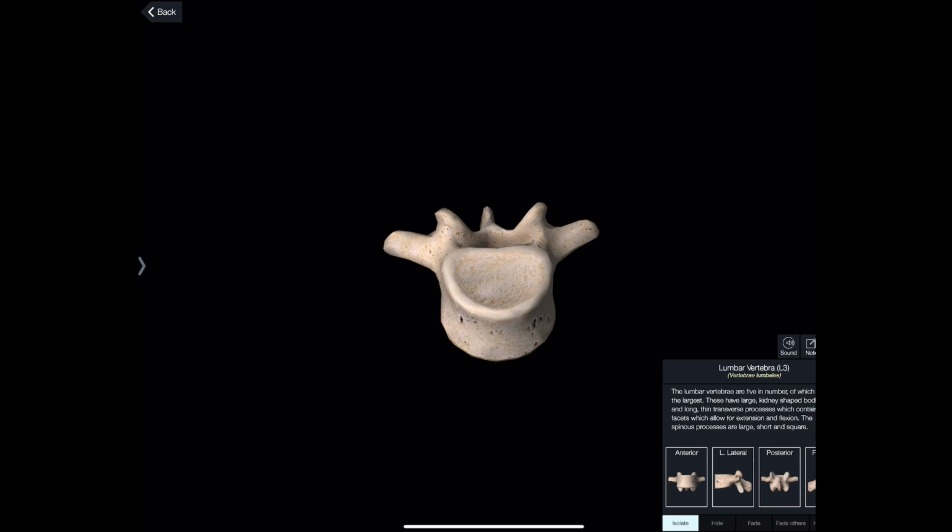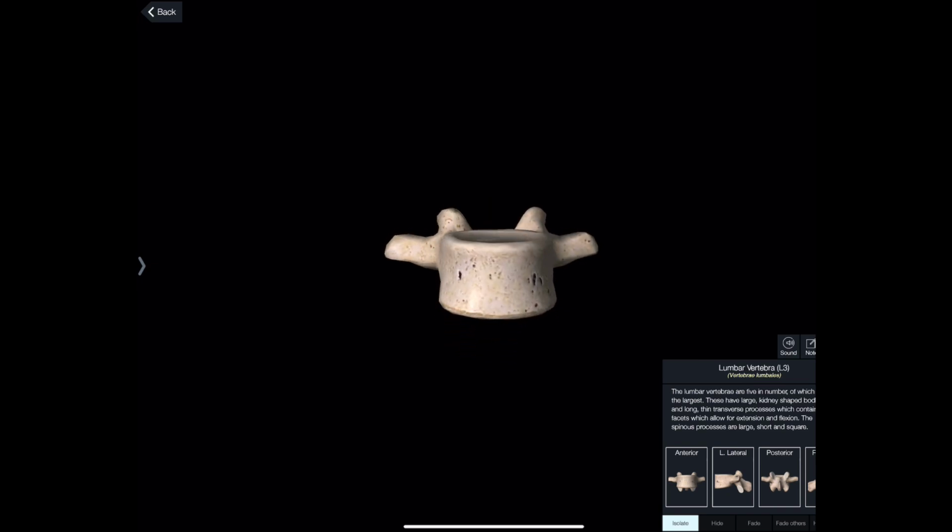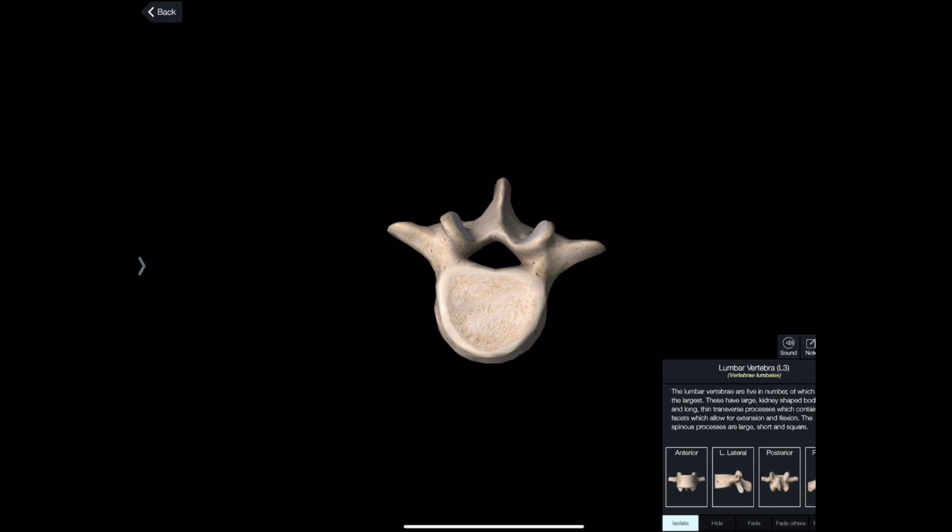The width of the vertebra is wider than it is tall. The reason for this big, broad body is so it can handle more compressive loads. It can distribute those forces across a larger bony surface.